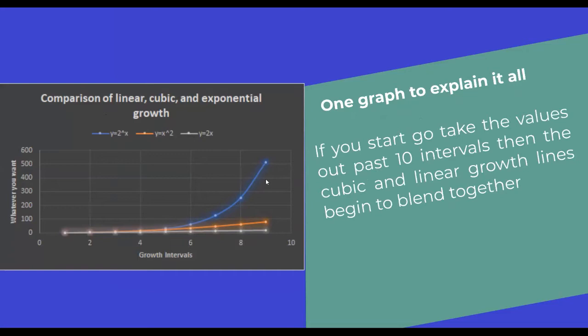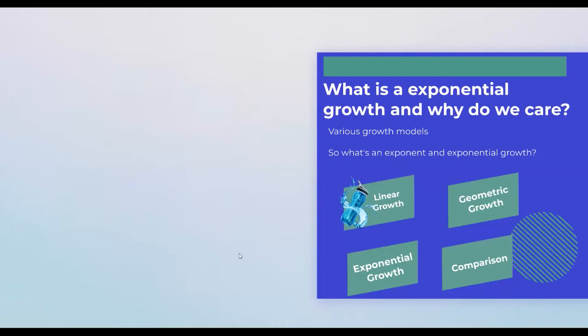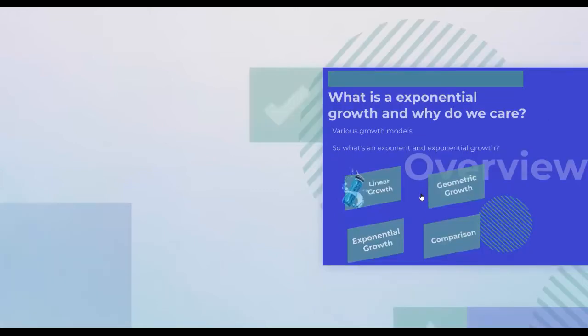You can see how much bigger it is. In fact, if we took this out much farther, the geometric growth curves and the linear growth curves would pretty much blend. You wouldn't even be able to tell that they were different just by how much bigger the exponential is. Okay, so we've done our comparison. We've looked at these growth models.